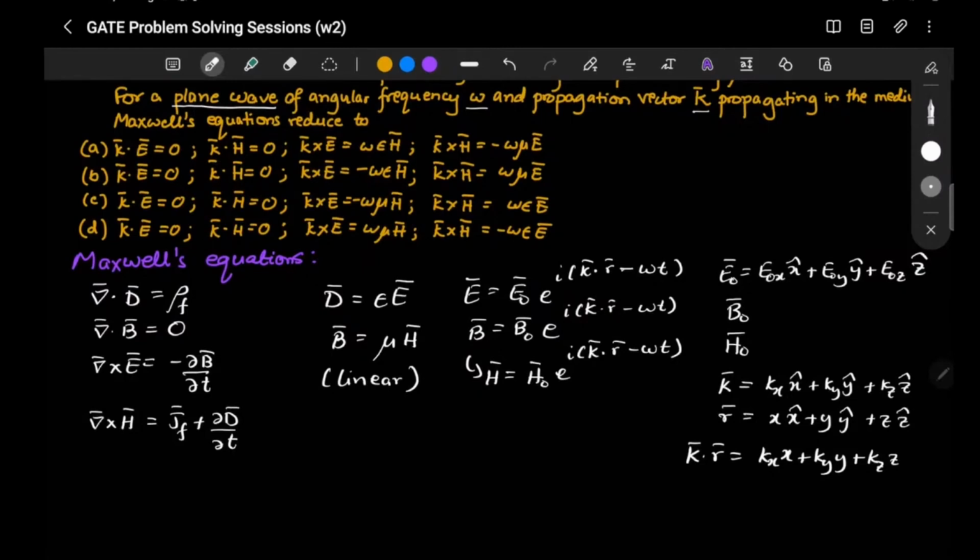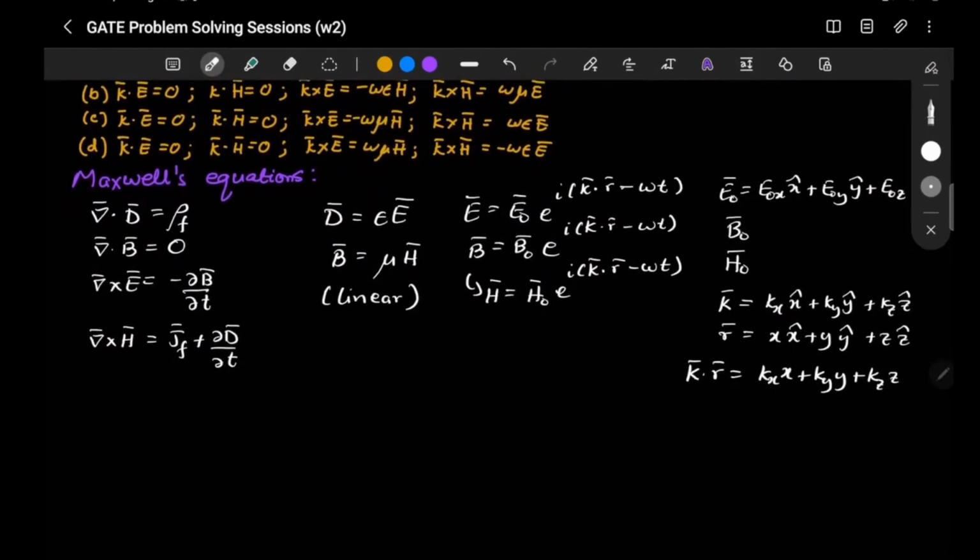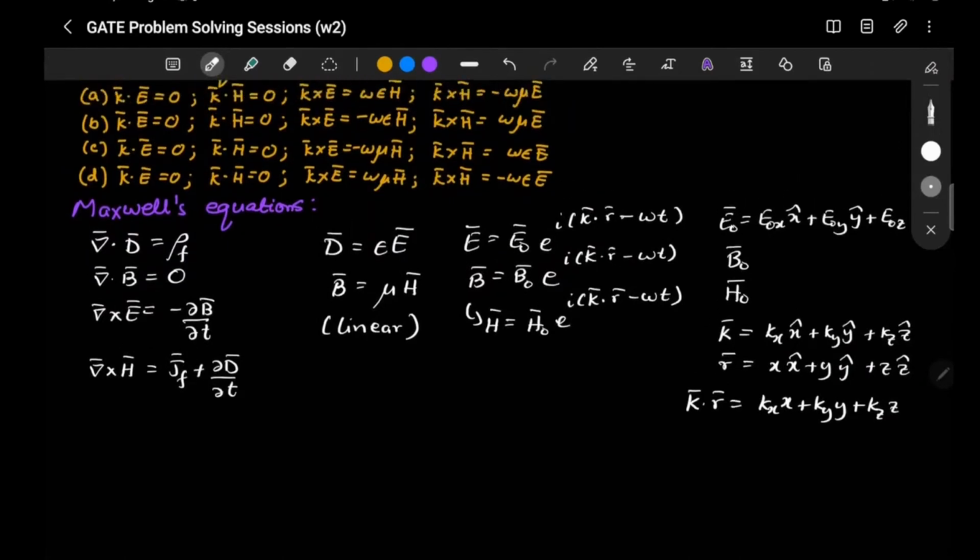Because it's a time bound MCQ question, you need not start by checking k dot E and k dot H. You could simply start by working out k cross E and k cross H, because that is going to give you the answer. But for the sake of understanding the concepts, I will plug in each of these expressions for E and B in the four Maxwell's equations that we have, so that you understand exactly what is going on.